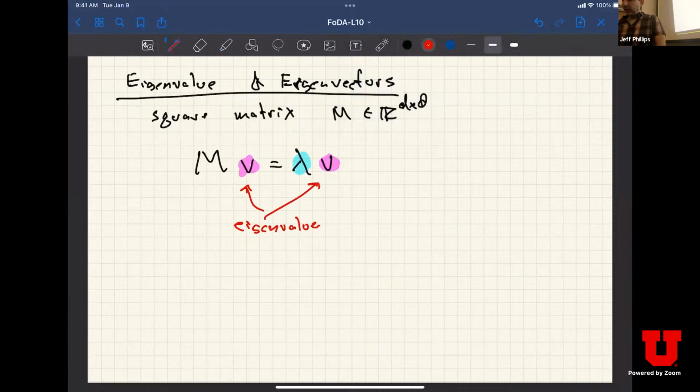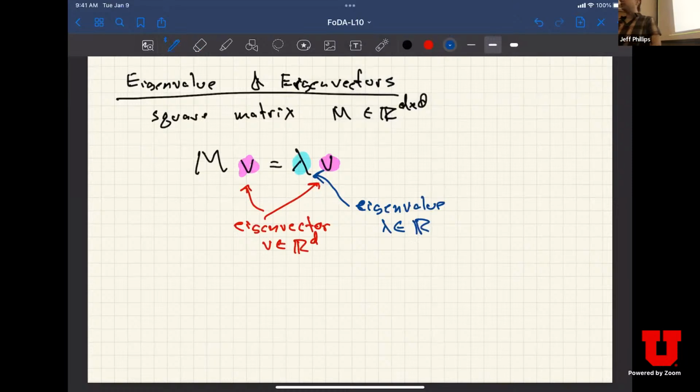So oh no, hold on, I mixed this up. Said the wrong thing. This is known as an eigenvector. Right, so v is going to be an element of R^D, and lambda is the eigenvalue, and it's in R, so it's going to be a scalar.